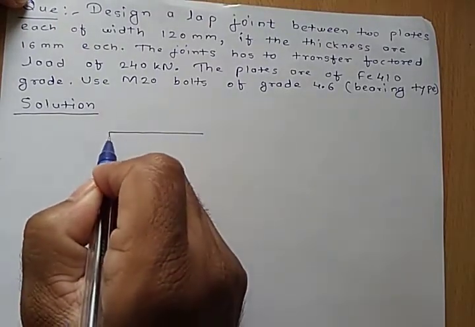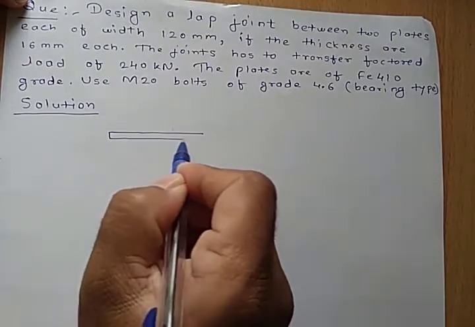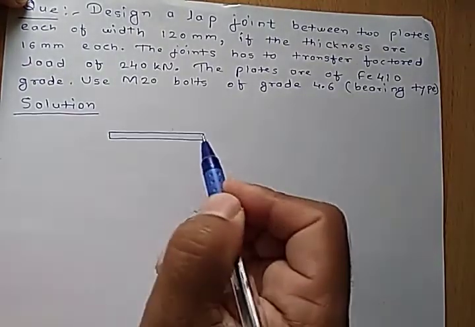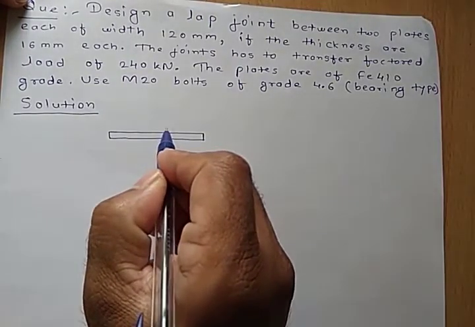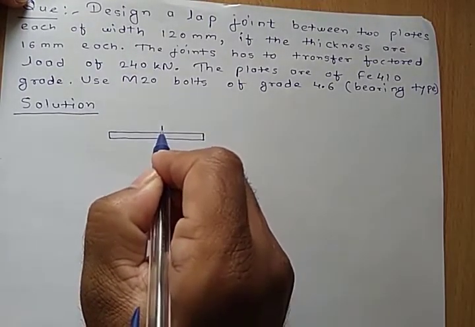That's one plate and then another plate, and that kind of connection is a lap joint connection.